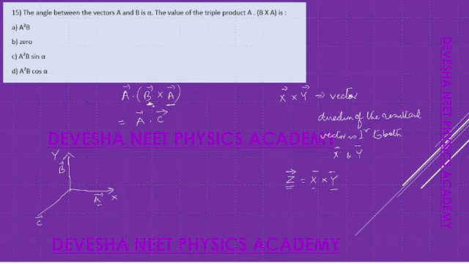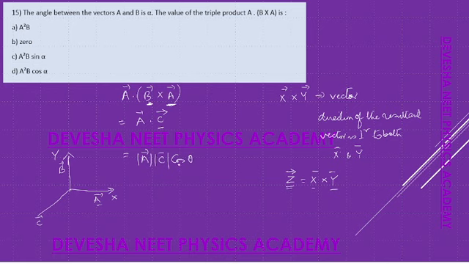It means this c will be perpendicular to a. So the angle between c and a is equal to 90 degrees, right? Now if I do a dot c, what do you get? A dot c is equal to a c cos theta.